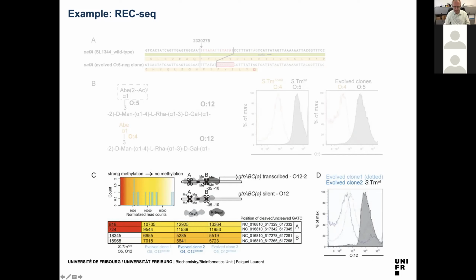When the methylation switched from position A to position B, like it is the case for these evolved clones here, you see that GTR-ABC is transcribed, and GTR-ABC has an impact on the immune response, and these clones can escape because they lose some modifications of their glycosylation, the outer membrane protection around the membrane.